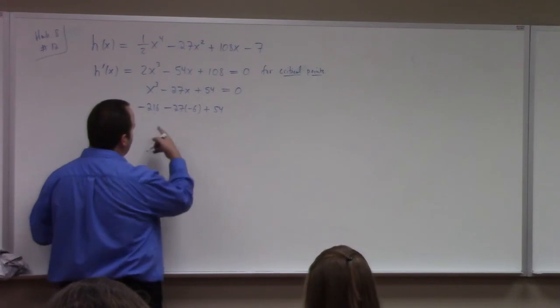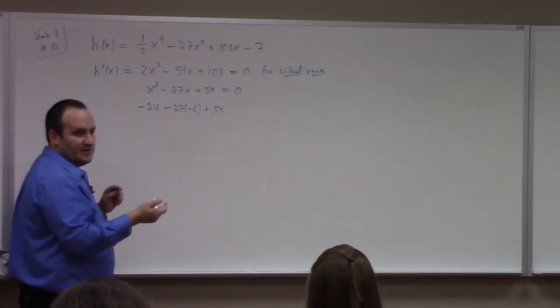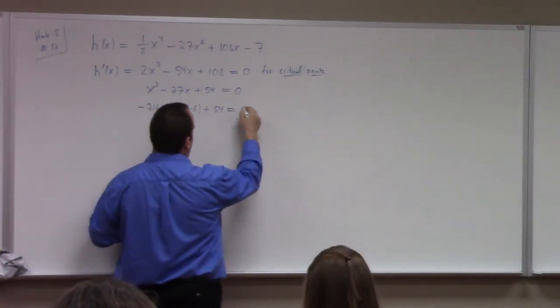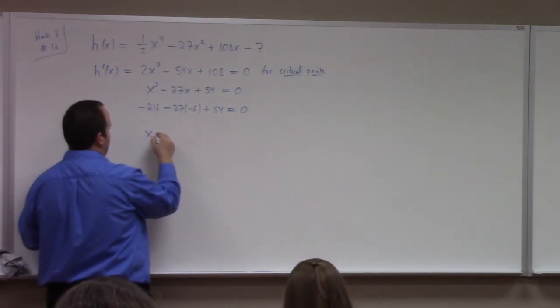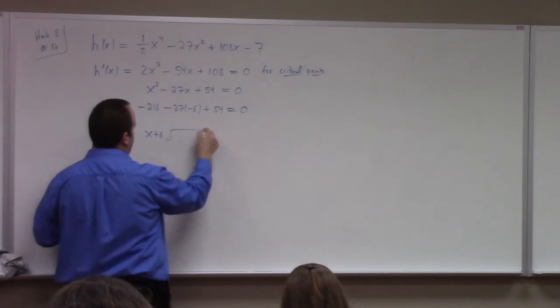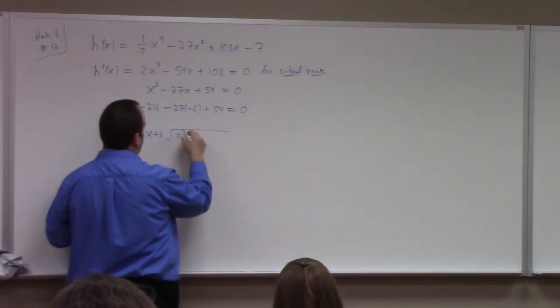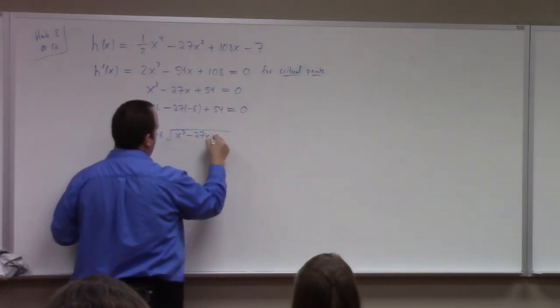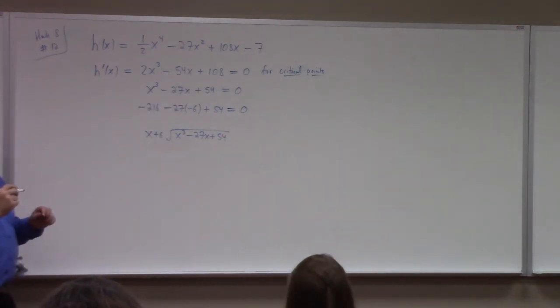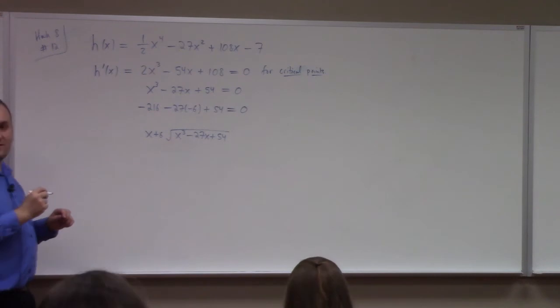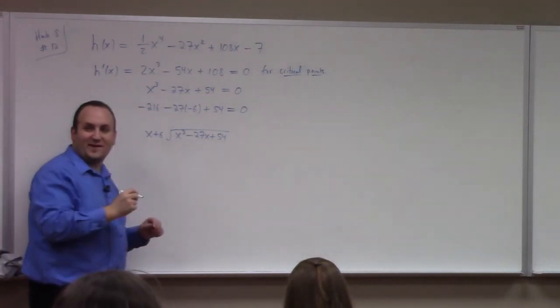Curses. Does this work? Oh, okay. All right, so that means that I can take x plus 6 and divide it into x cubed minus 27x plus 54. Oh, I don't need a calculator now. Now that you give me a solution, I'm fine.